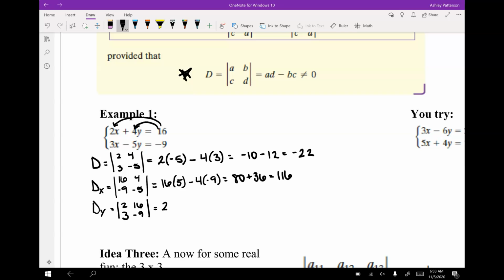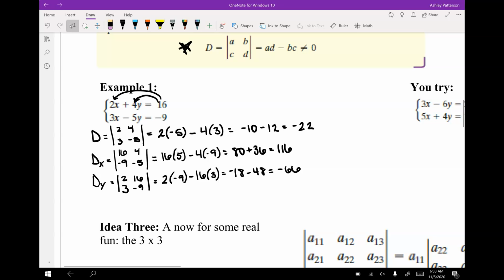A times D, we get 2 times -9 minus B times C, so 16 times 3. All right, working this out, we get -18 minus 48, which leaves us with -66. Okay, we found the determinants, all three: the coefficients, determinant of x, determinant of y.